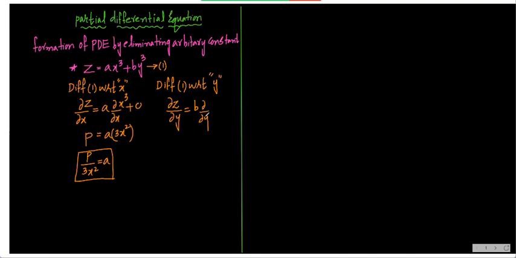So this is nothing but q is equal to b into 3y square. If I want to make b the subject, then q by 3y square is the value of b. Got it? A and b clearly?